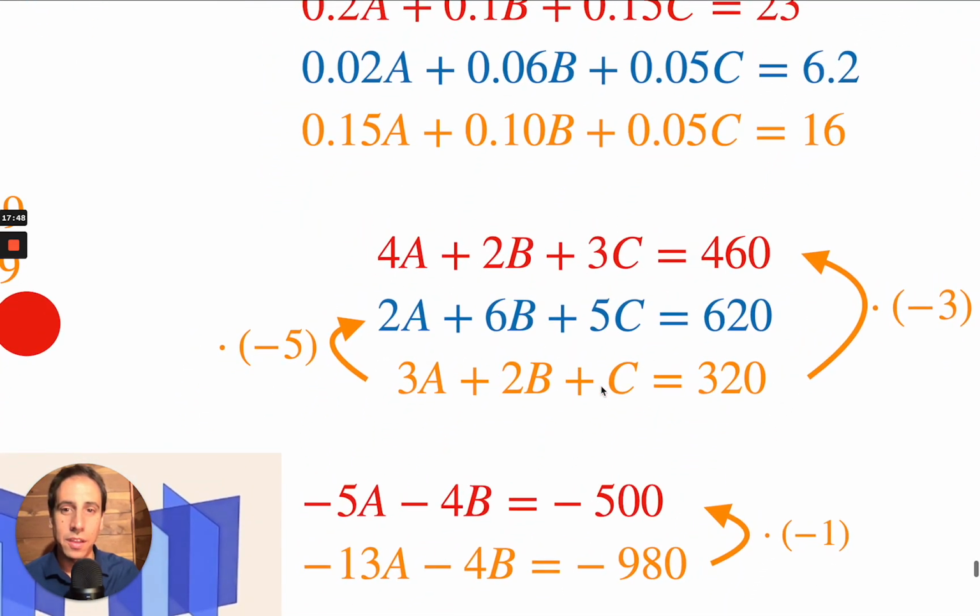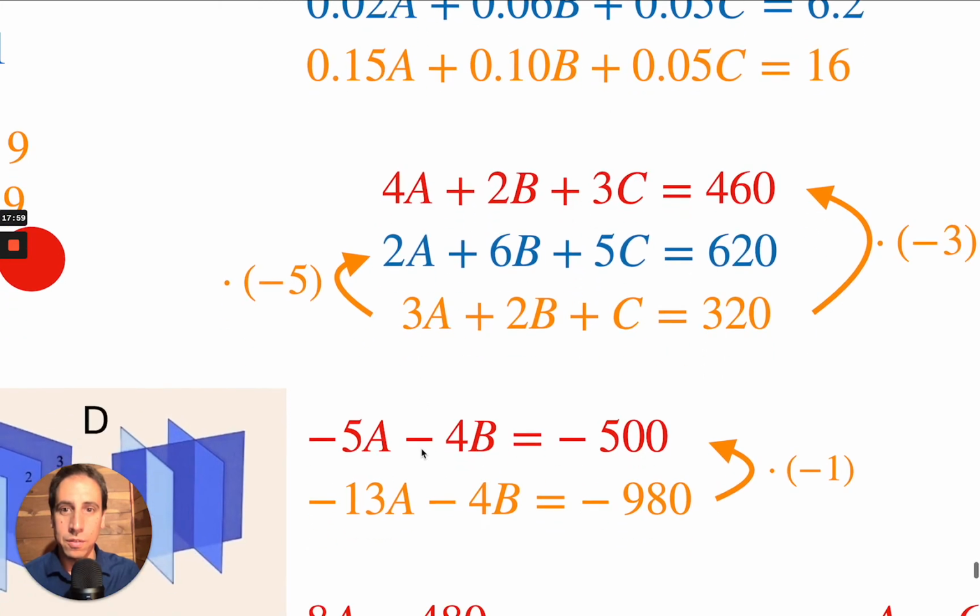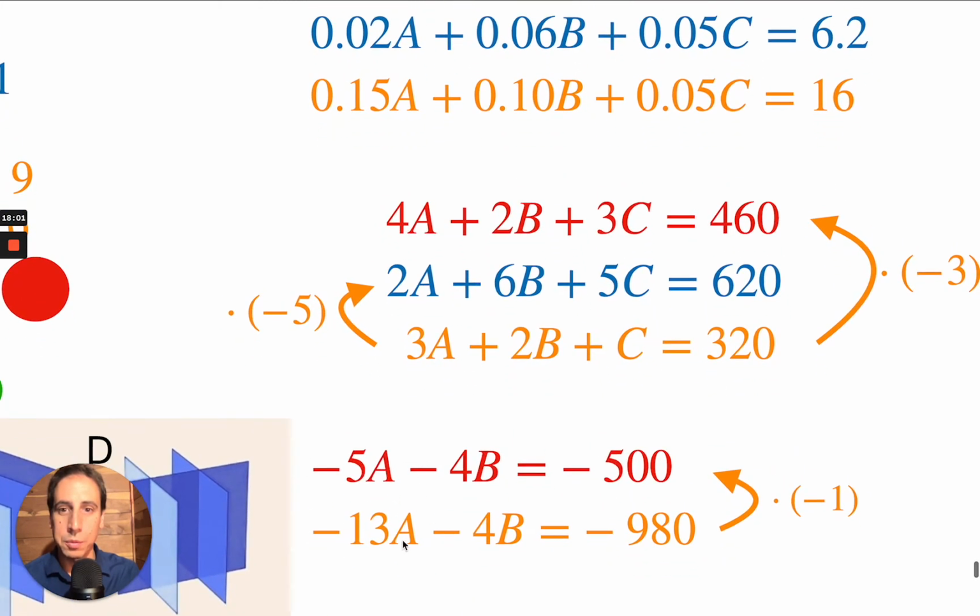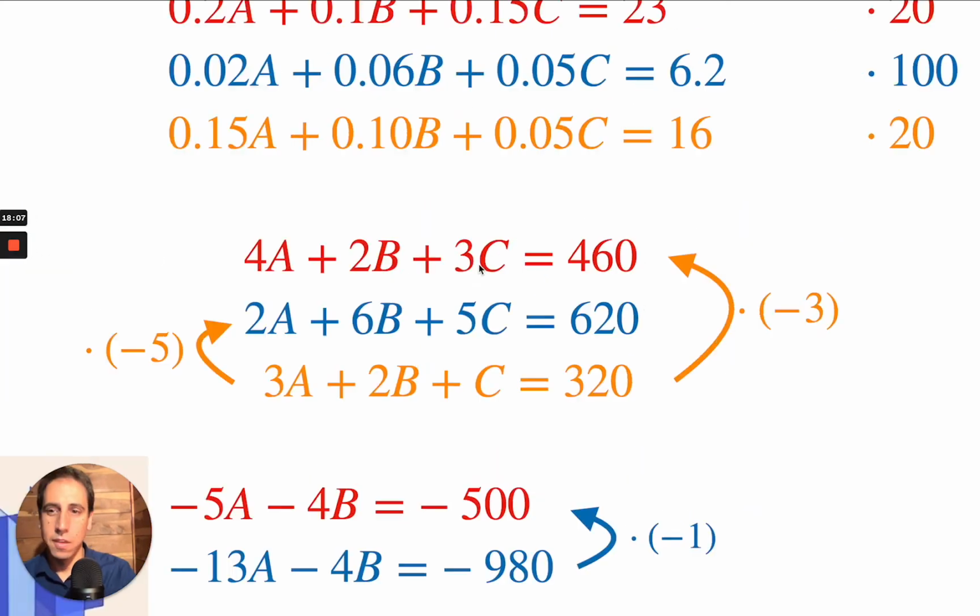So what that looks like is, 3a times negative 5 is negative 15a plus 2a. This should be gold. This should be blue. Magic. Now it's blue. There we go.